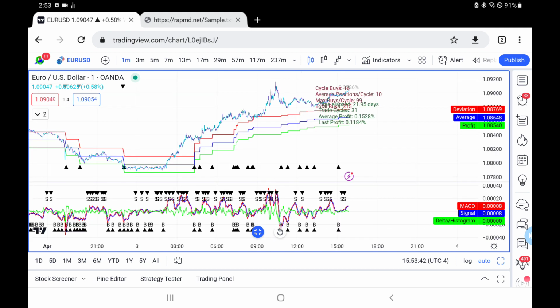So here on this chart, I've prepared a basic system that shows the shorting. And you know the shorting because the green line, the take profit, is on the bottom. The deviation, the red line, is on the top.